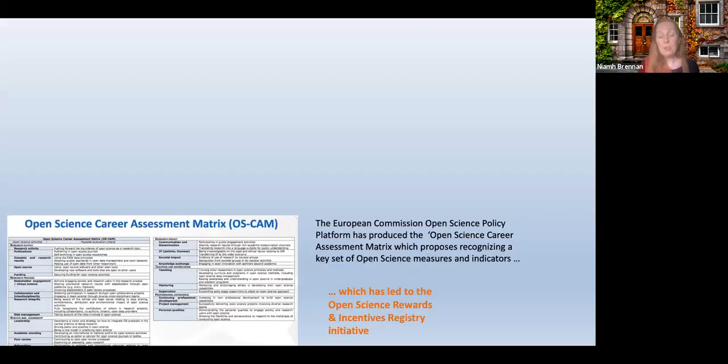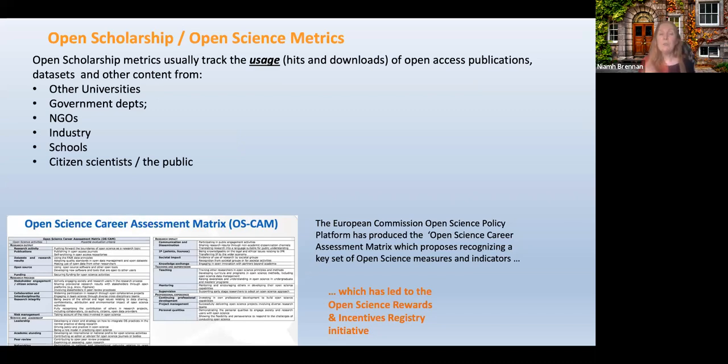Finally, I was going to mention on this section of the metrics themselves, there's the Open Science Career Assessment Matrix produced by the European Commission Open Science Policy Platform. And that's led to the Open Science Rewards and Incentives Registry Initiative, which you can look up. But open science metrics, usually those are article level metrics of a particular kind.